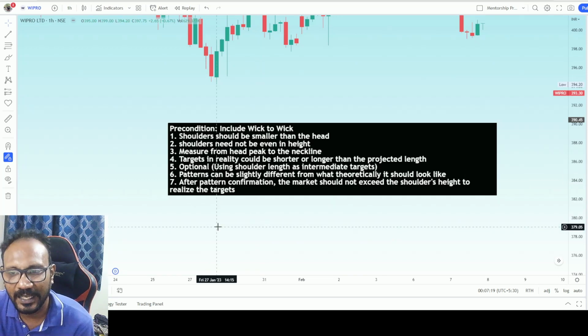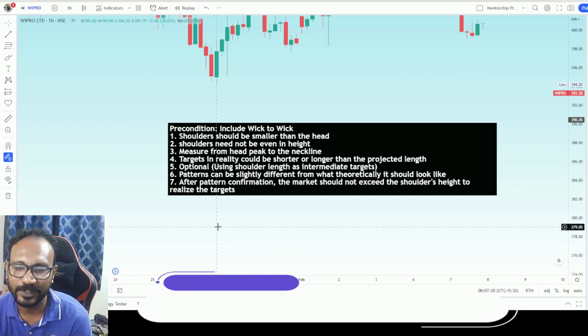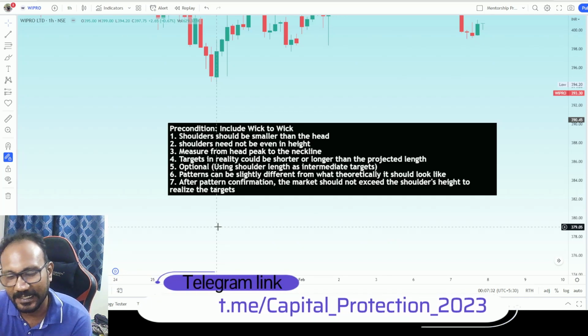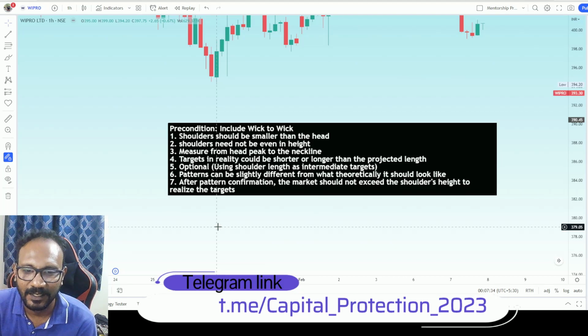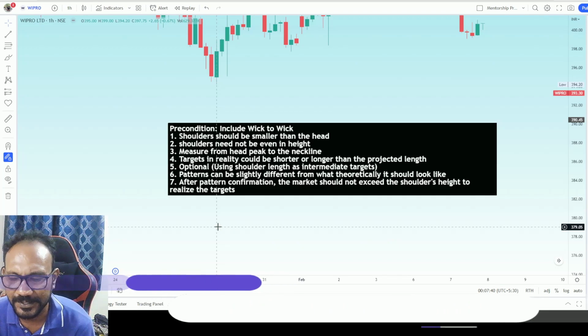Patterns in reality can be slightly different from what theory suggests, and sometimes the pattern gives the confirmation, but it need not give the breakout on the very next candle. It can continue to consolidate before the actual breakout happens. So these are the things that you should keep in mind in head and shoulder patterns.